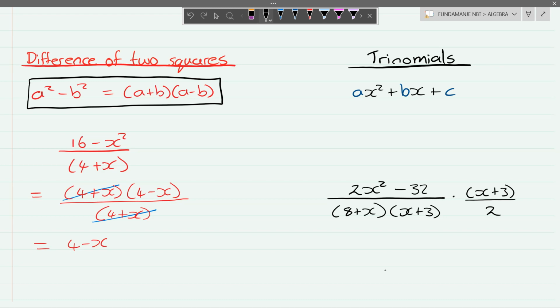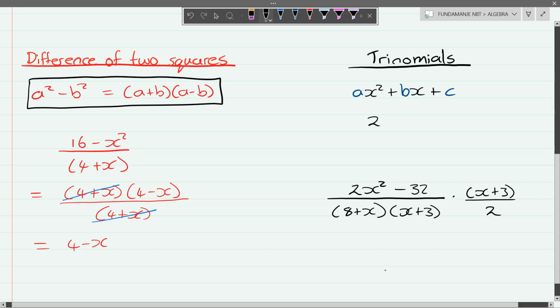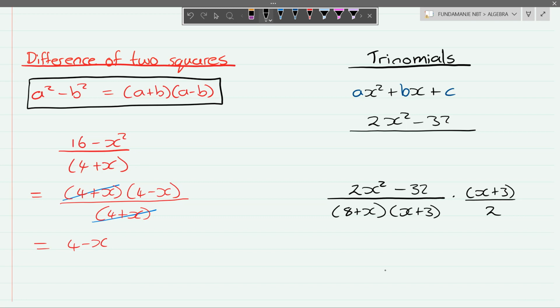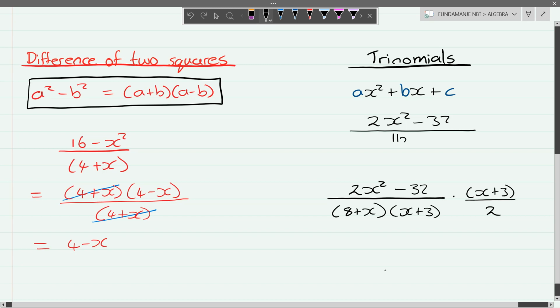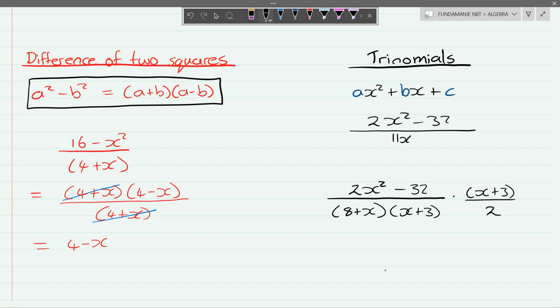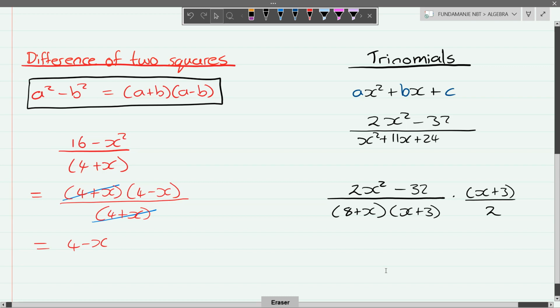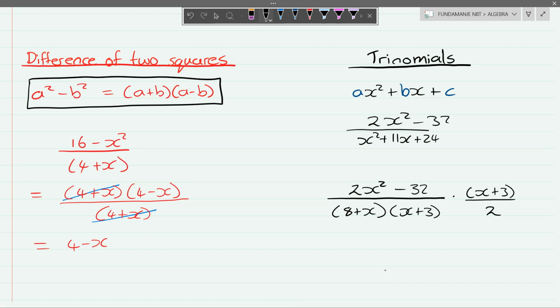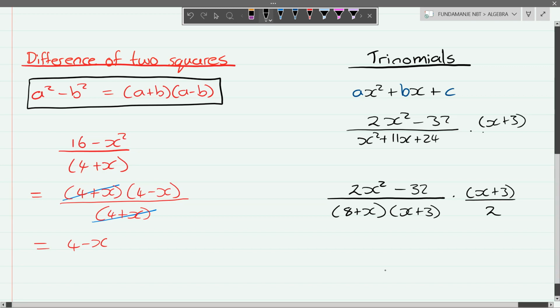So if we multiply the top, let's keep the top the same, 2x squared minus 32 all over, and now we're going to multiply this, 8x plus 3x, that's going to give us 11x, and then x times x, that's x squared, 8 times 3, that's 24, like that. So let me rewrite it like that, multiplied by x plus 3 over 2.